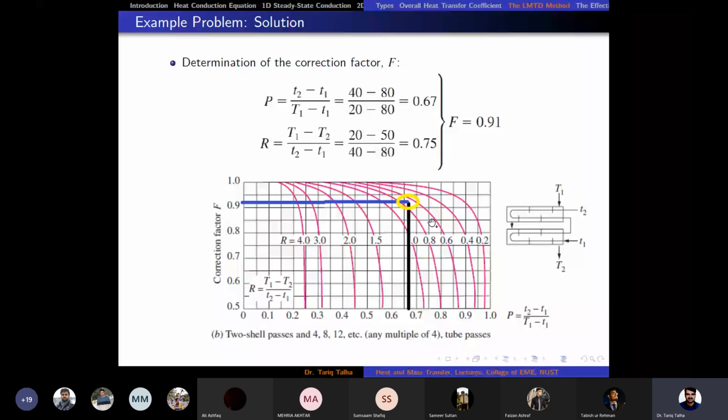So I would consider an imaginary curve at 0.75, which would lie near this 0.8 curve, and then I would take one point here, and that value would be almost equal to 0.91. If you take it as 0.90, 0.92, 0.93, 0.94, that would be equally correct.